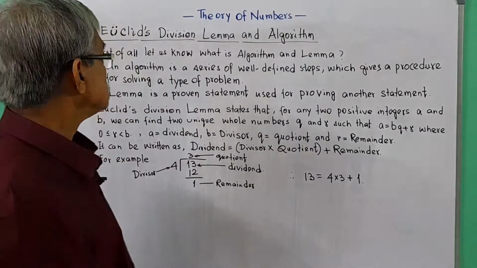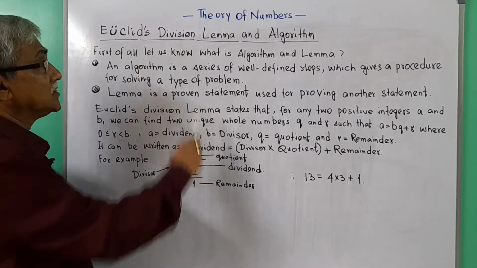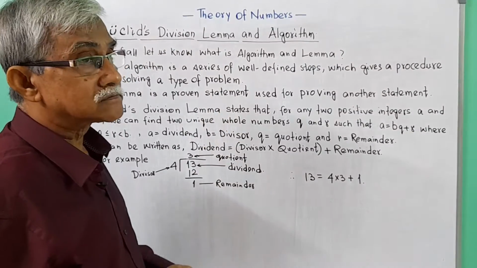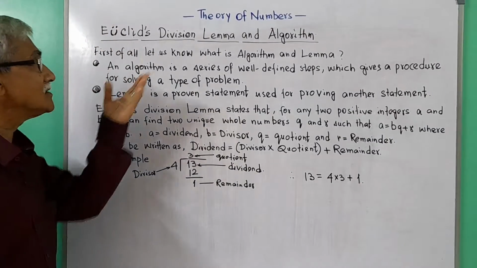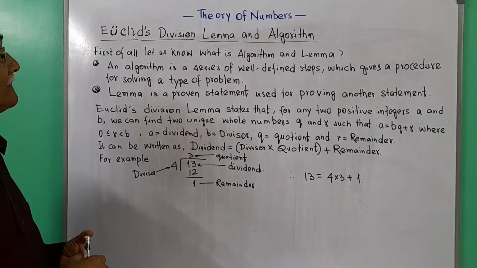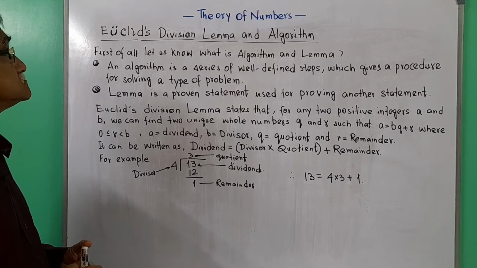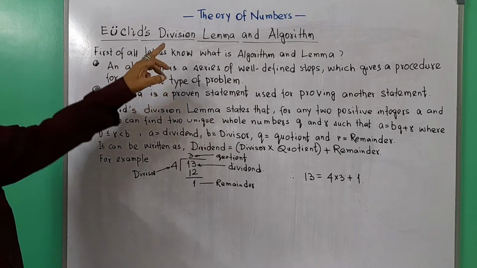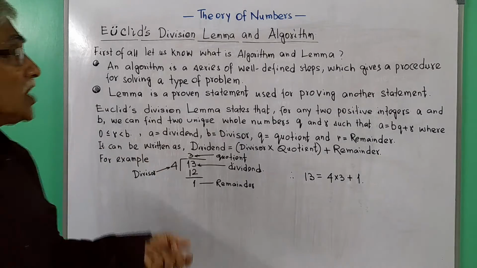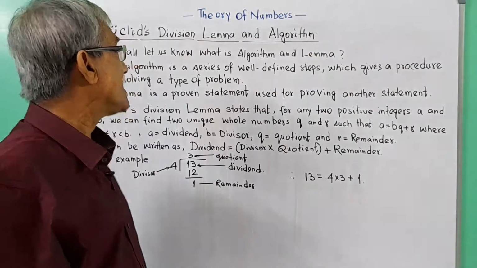Now, it is Euclid's division lemma and algorithm. These are words that may not be known to you. First of all, let us know what an algorithm and a lemma are.